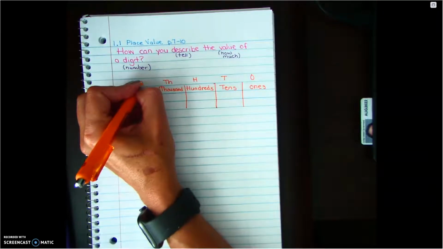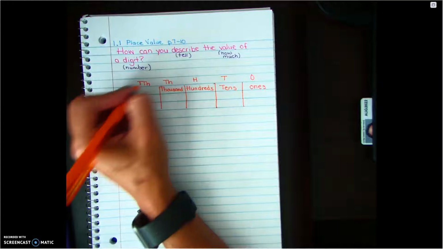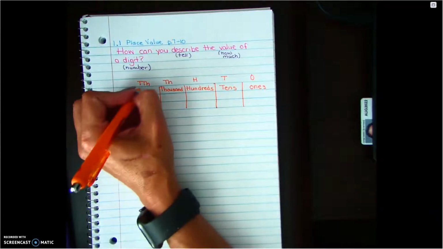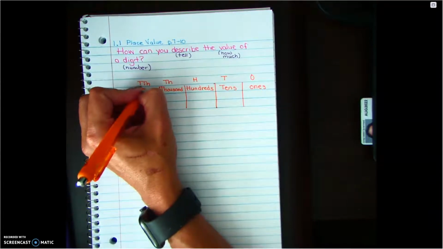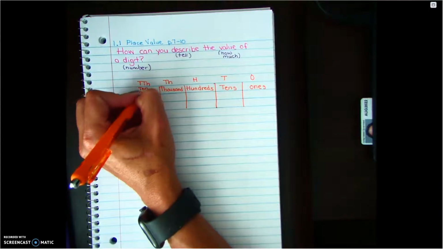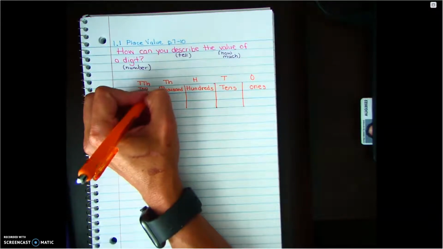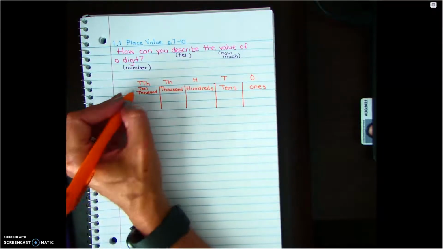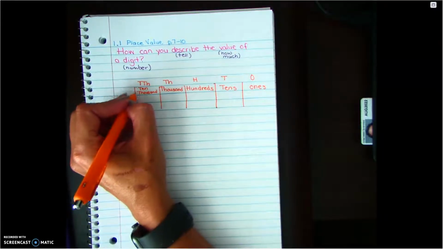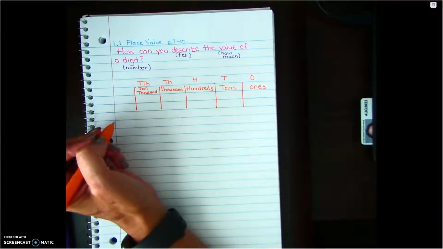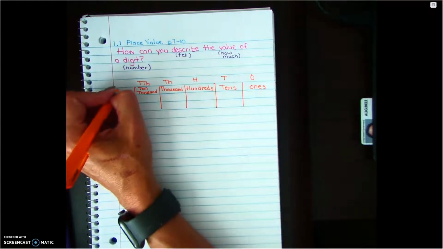The fast way to write that is TTH. So 10,000. Now on yours, if you want to do the short way, you can, because I know it's hard to write this small. But somewhere we have to have those words so you know how to spell them. And then if this is thousands and 10,000s, this one is our 100,000.